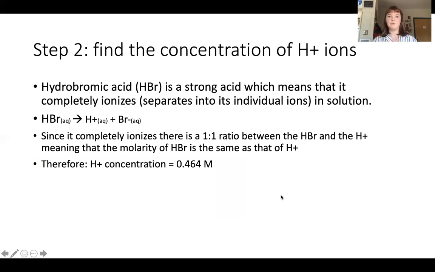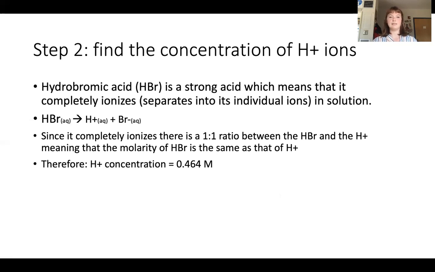In step two, we need to find the concentration of hydrogen ions in this solution. So since hydrobromic acid is a strong acid, one of the big six, we know that it completely ionizes when in aqueous solution. We show this through the expression using a monodirectional arrow, which shows that HBr will separate into its individual ions H plus and Br minus when in solution.